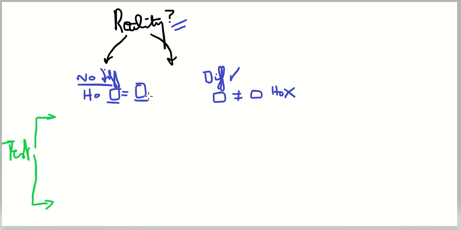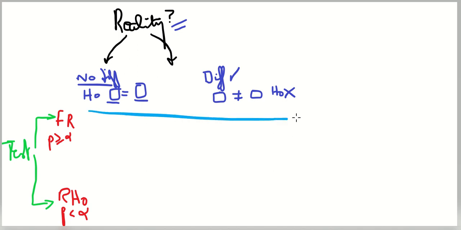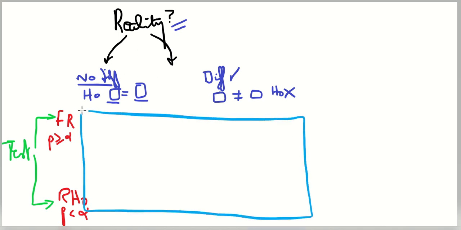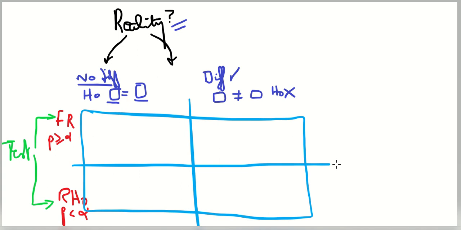Either you fail to reject, because your p-value came out big, so it's greater than or equal to alpha, or you reject the null hypothesis, where the p-value is less than alpha. So the test can lead you to two places. And we said that out of this, you can get four possible scenarios.